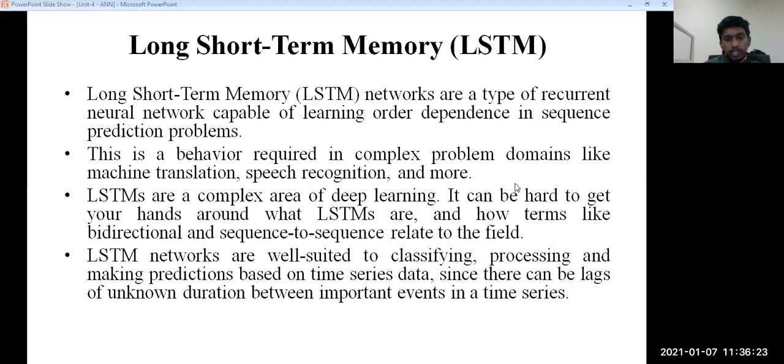Long short-term memory networks are well suited to classifying, processing, and making predictions based on time series data. For example, stock market data predictions, where you need continuous predictions with respect to time. Since there can be lags of unknown duration between important events in a time series, RNN networks can provide appropriate output.